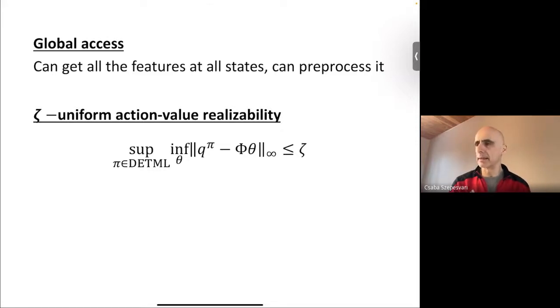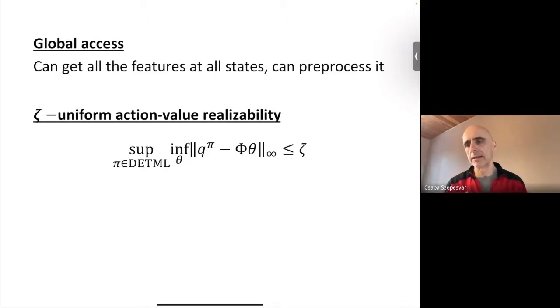Well, it depends on how you are phrasing the problem. If you're phrasing the problem such that there is some inevitable error that's caused by zeta, and maybe that error is blown up by some factors, like square root d, and maybe something related to the horizon, but on top of that, you don't want to suffer extra error, and so you want to control the error on top of this, whether you need to know zeta or not.